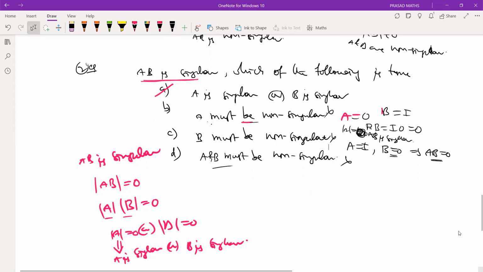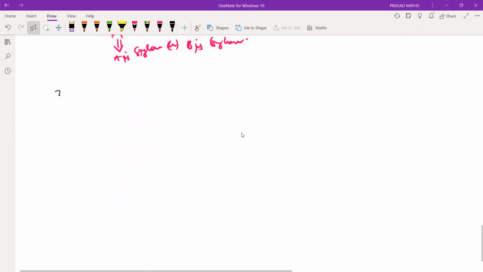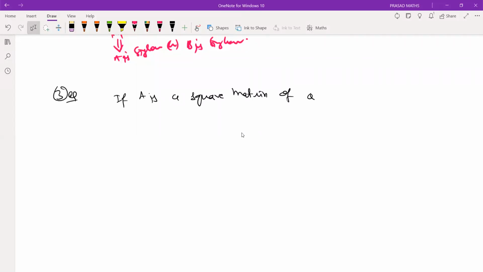Is it clear? Right? Next, suppose A is a square matrix of order 37. Then det of (A minus A transpose) whole power 2011 equals: answer A 0, answer B 1, answer C 2, answer D 3.